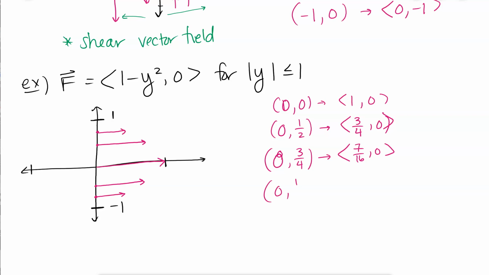And what if I had (0, 1/4)? Then I would have 1 minus 1/16, which is 15/16. So that's almost 1. So at 1/4, I'm almost at 1. This is a pretty neat one too. I like this. And when you keep doing this, if we go to x equals -1, it just does the same thing.